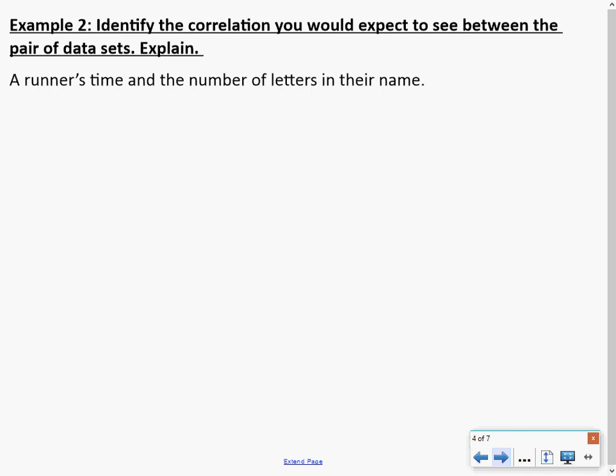Okay, another example. It says a runner's time and the number of letters in their name. So that's the scenario we're working with. We want to try to identify the correlation between those variables. Is there a positive correlation, a negative correlation, or no correlation at all? Well, let's think about it this way.